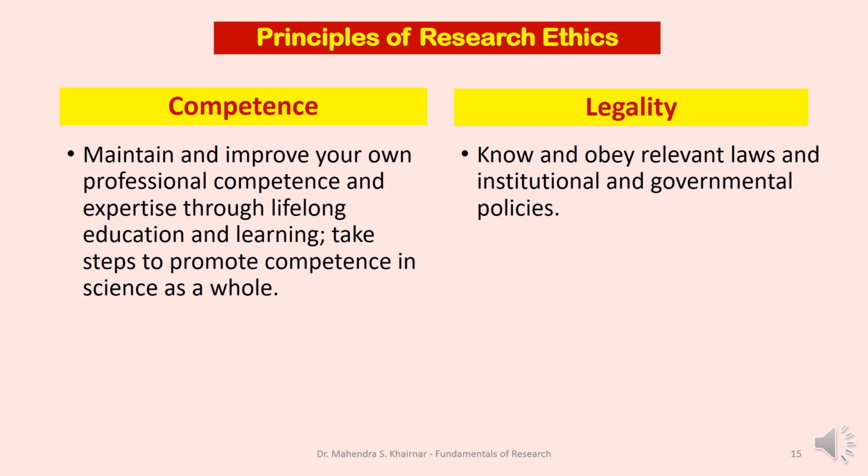Then legality. The researcher must know and obey the relevant laws which are made by institutional or governmental policies. Means while conducting research, a researcher must follow certain norms and legal principles or legal provisions in particular statutes.